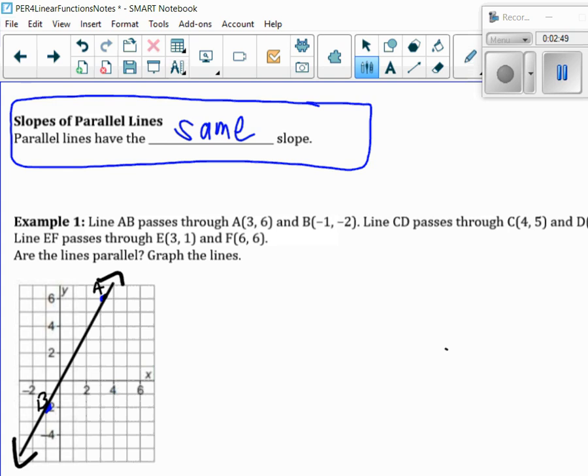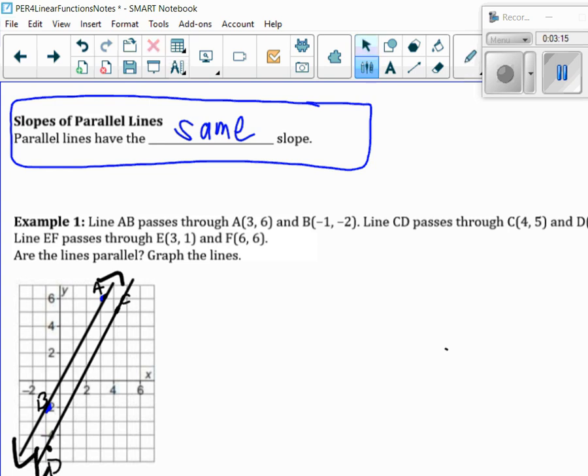So that's (4, 5). There's my C. And (-1, -5). And that's my D. Again, I'm going to take my ruler. A calculator for your ruler, it works, because all you need is a straight edge, right?